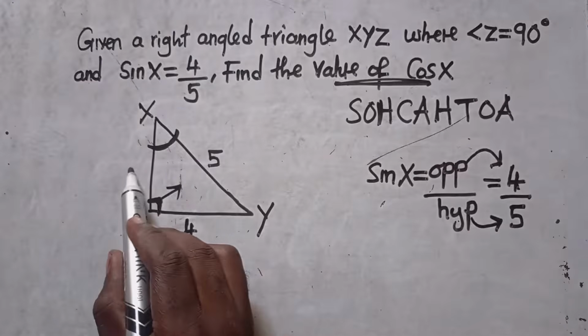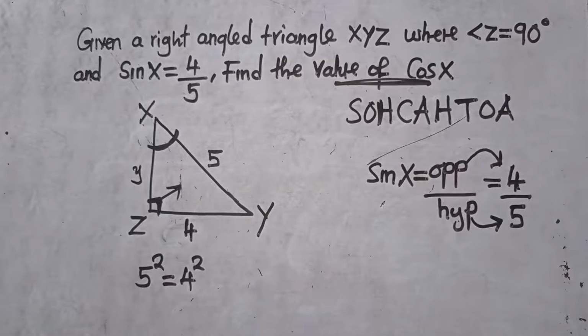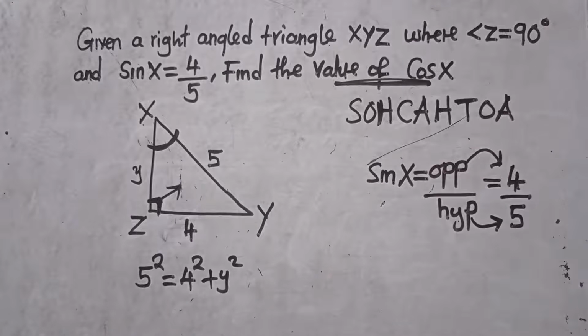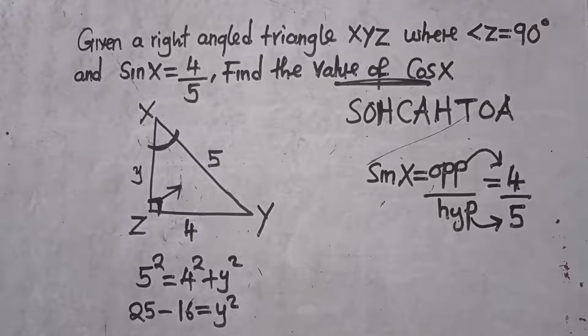Then I'll just put a y, so plus y squared. You can put any letter that you want. So 5 squared is 25. This one comes this side, minus 16, which is equal to y squared. So y squared is equal to 9 when we subtract there.